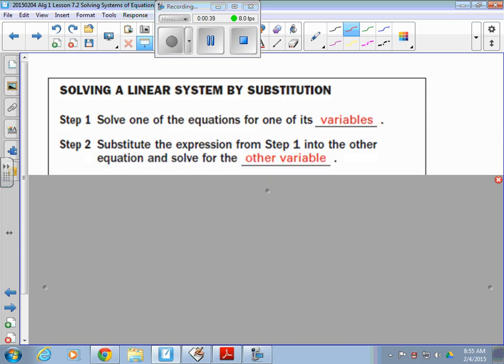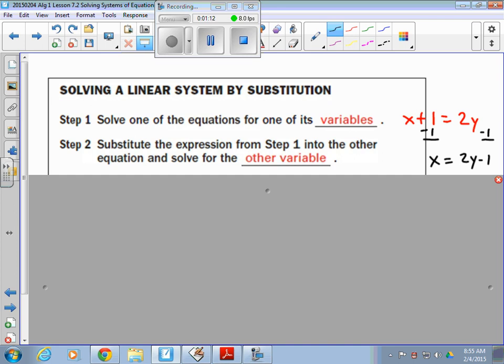Step number 2 is to substitute the expression from step 1 into the other equation and solve for the other variable. So if step 1 says x plus 1 equals 2y, for example, and you wanted to isolate x and get x all by itself, you would subtract that 1 on each side and get x equals 2y minus 1.